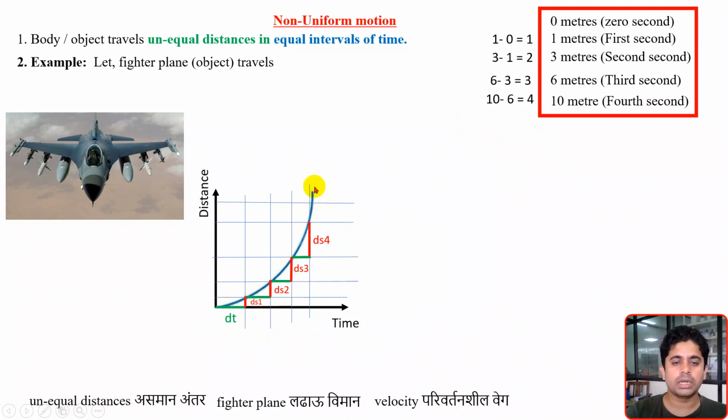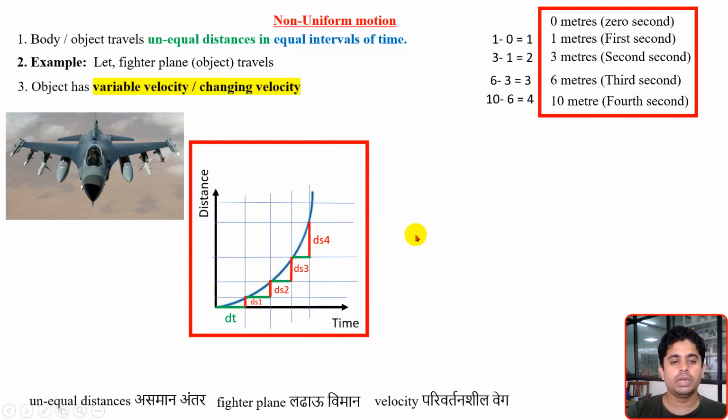It is a curvilinear graph, or I will say this is a non-linear graph. Here we observe that the change in displacement is increasing. This motion is non-uniform motion itself, but we will give it one more name: an increasing non-uniform motion.